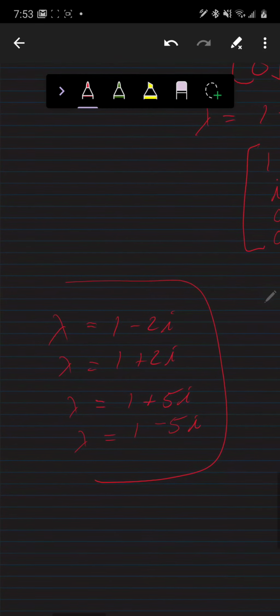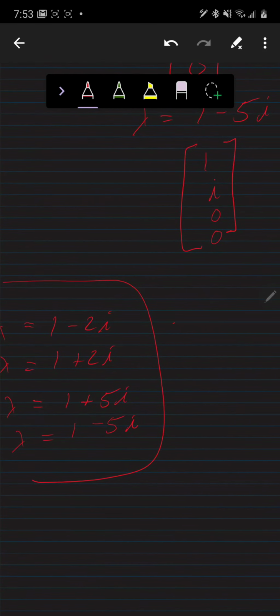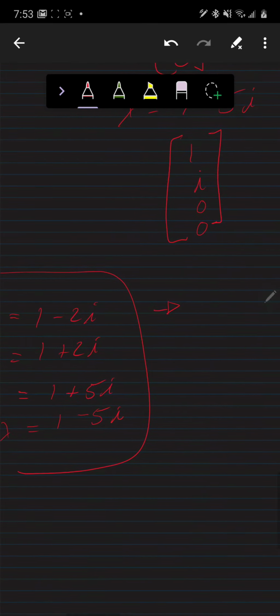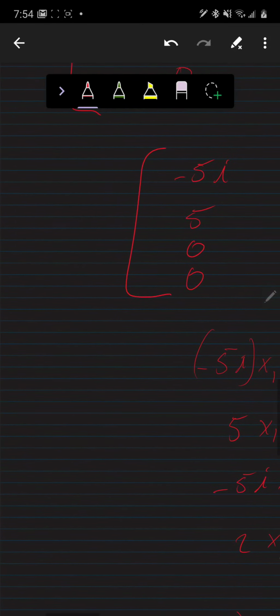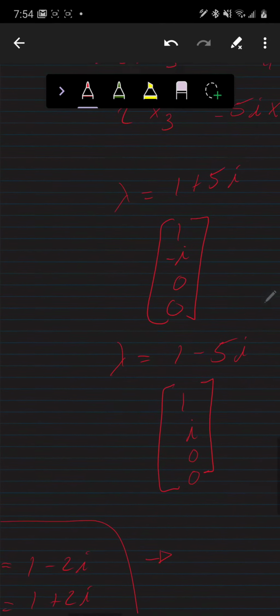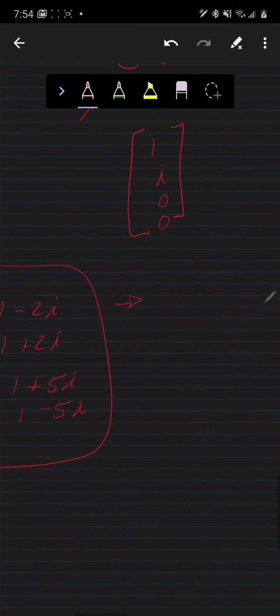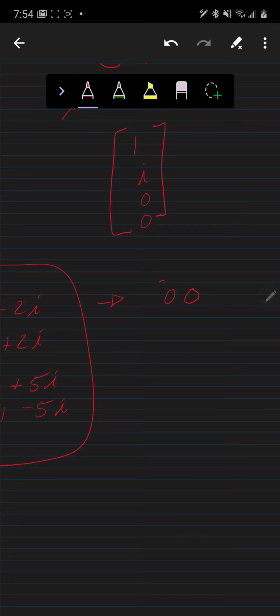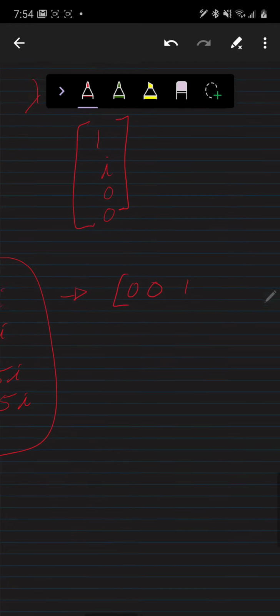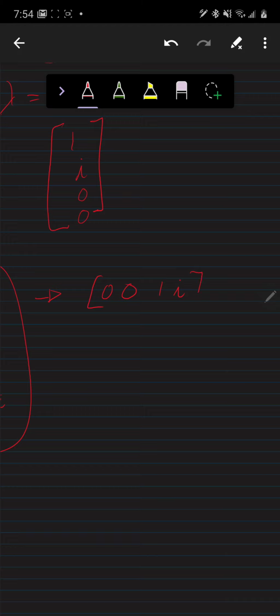And our eigenvectors will be, for this one, 0, 0, 1, i, transpose. I'm going to put the transpose because it means that it's going to end up like this.